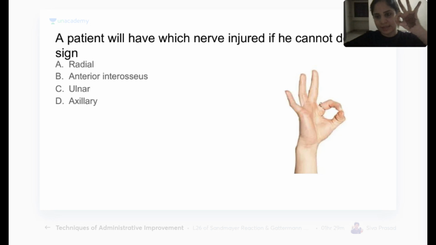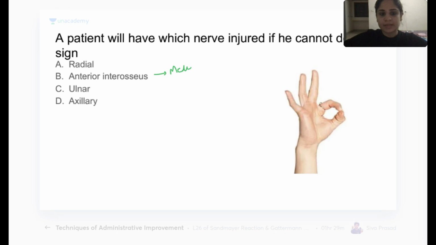It is called as OK sign. What is the nerve that is required to do this OK sign? You have to adduct your thumb and oppose your thumb, and you have to move the index finger. So the nerve that is required for carrying out this movement is nothing but your median nerve.